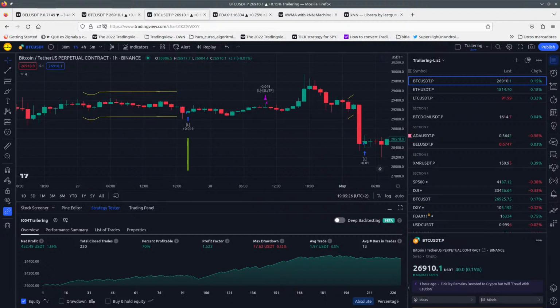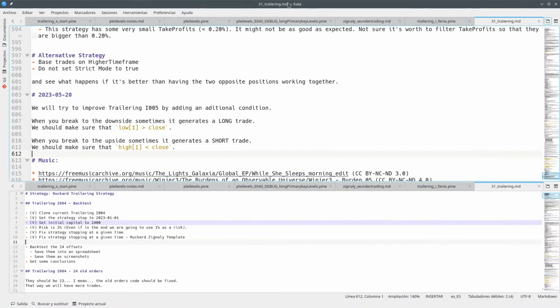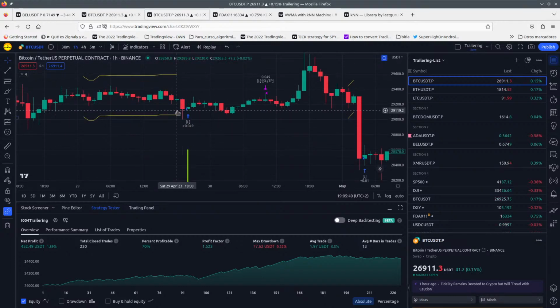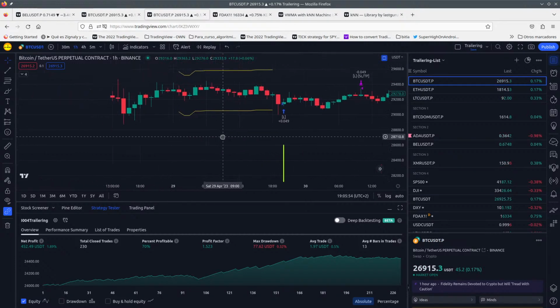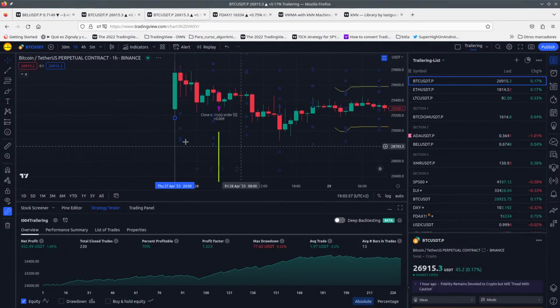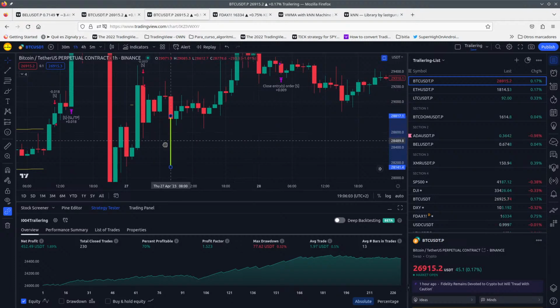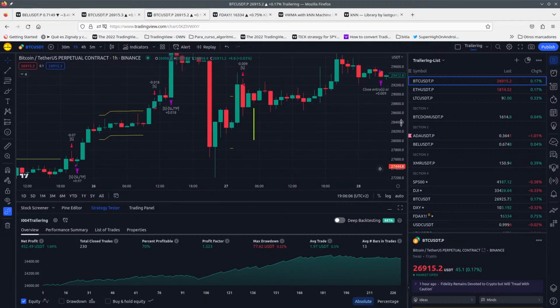Let me see what we had written down. When you break to the downside, low needs to be higher than the close. Here we don't have it, low is higher than, yes, we have it, but at the same time, I might switch to something else completely, unless I understand what I wanted to do in the first place.